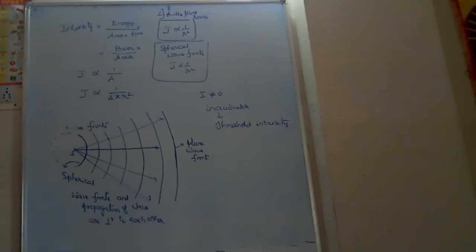Threshold intensity means the intensity at which a human can't hear the sound. That is surely not equal to zero.